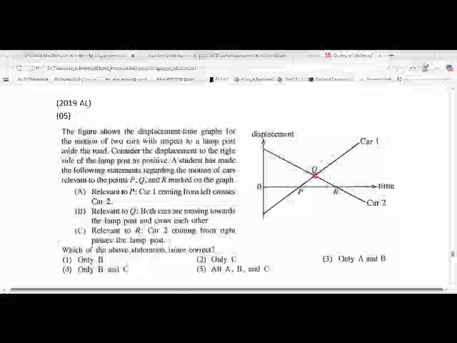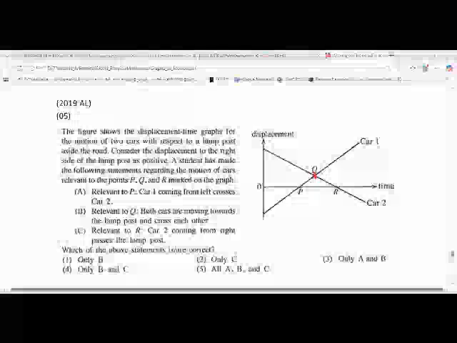Relevant Q, both cars are moving towards the lamp post and cross each other. In this time, both cars are moving towards the lamp post. Towards the lamp post means, is it correct?